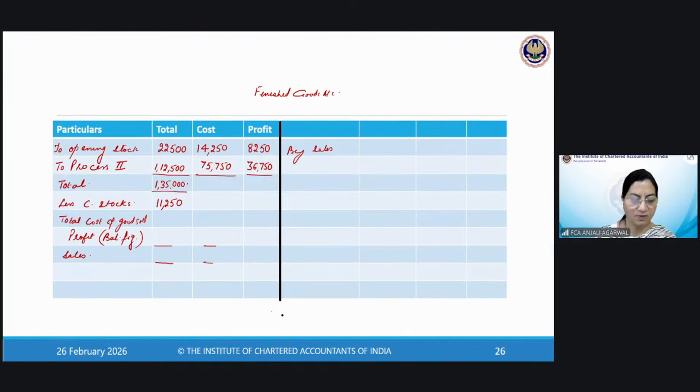So the cost of these goods is 90,000, and therefore it has a profit of 45,000.